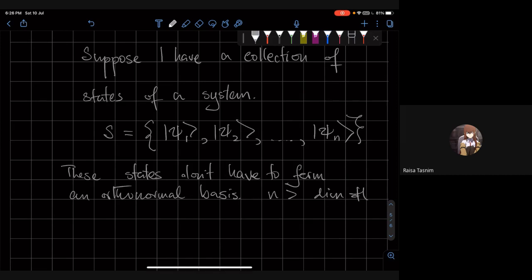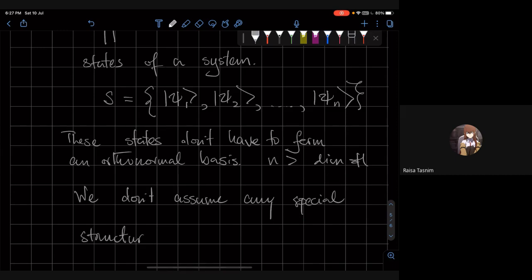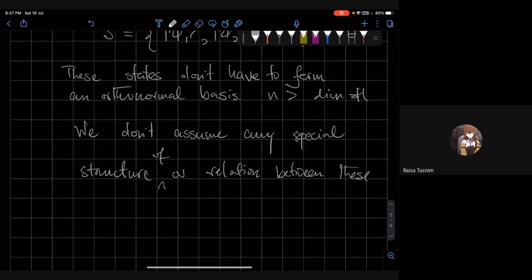And we don't assume any special structure or relationship between these states.